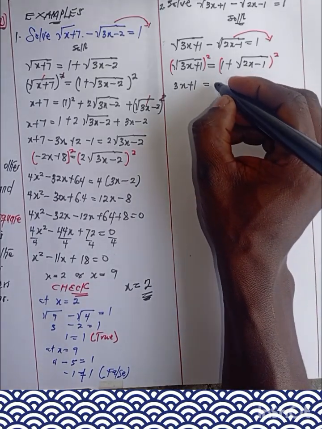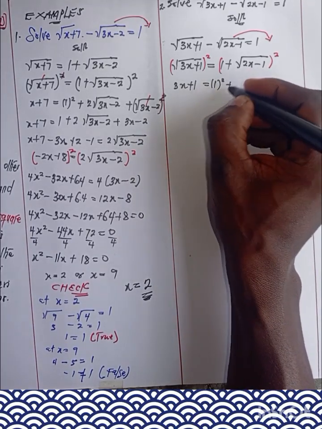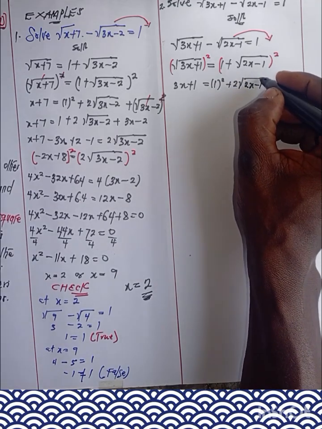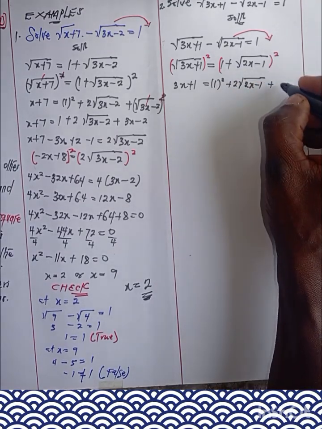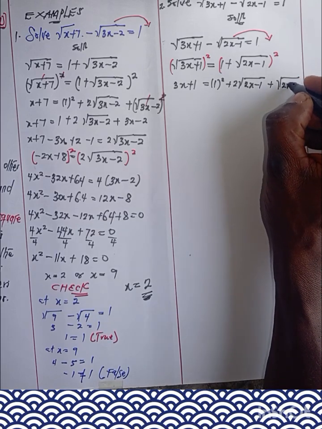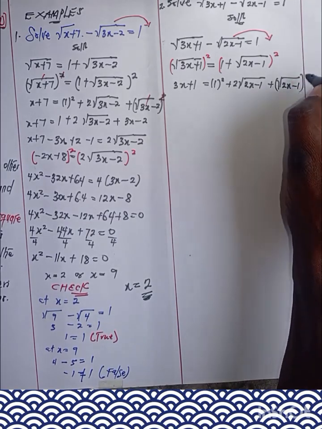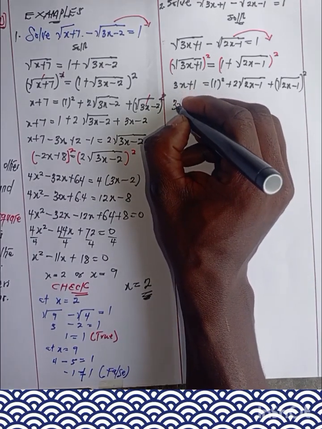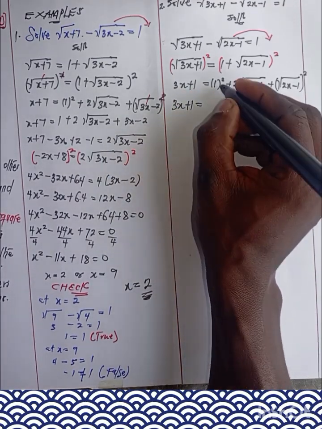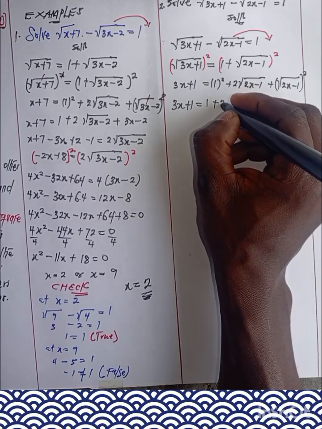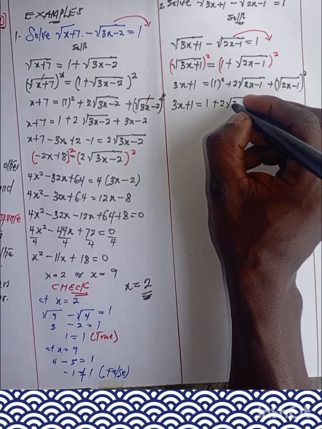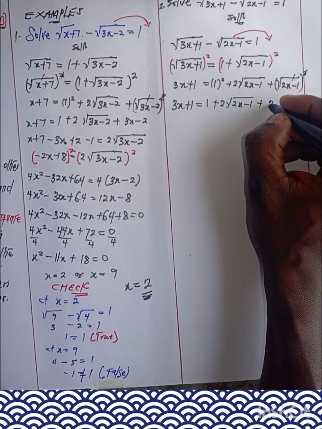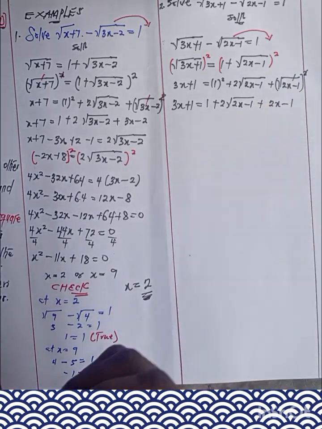And then when you square this, 1 squared is 1, plus 2 times root of 2x minus 1, plus the square of 2x minus 1. So we are getting 3x plus 1 equals 1 plus 2 root of 2x minus 1 plus 2x minus 1.